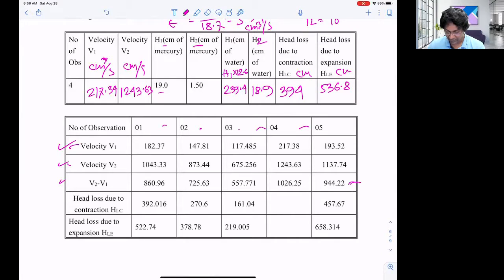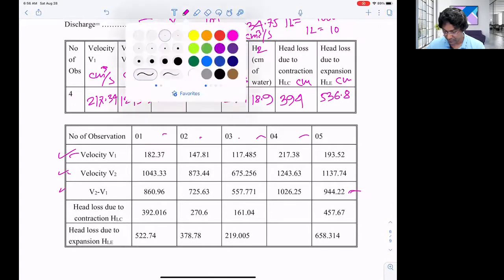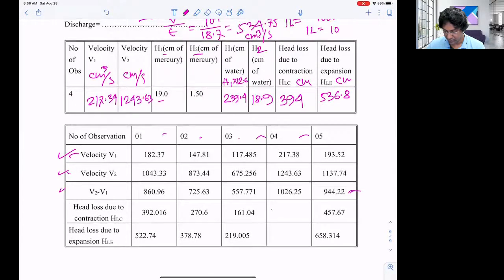And if we calculate the head loss due to contraction, 394, and expansion, 536.8.